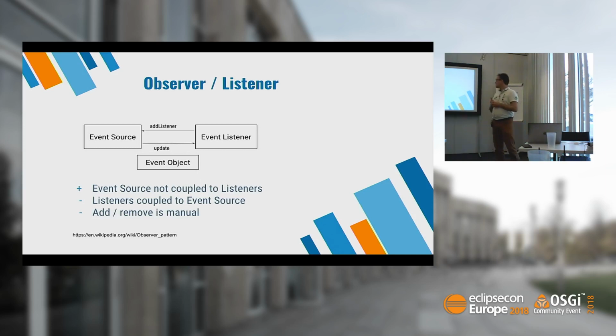One of the reasons this pattern was introduced is that you're not coupling your event source to your listeners. Without the pattern, maybe you would directly say, inform this and this and this object, and the listener pattern allows you to be decoupled from the event source side. A listener still does need to know what the event source is, but the event source does not need to know.